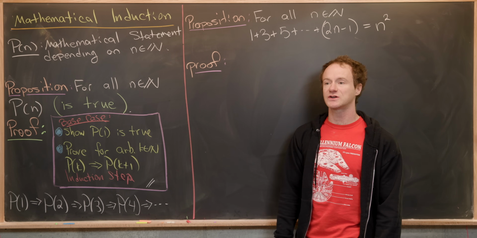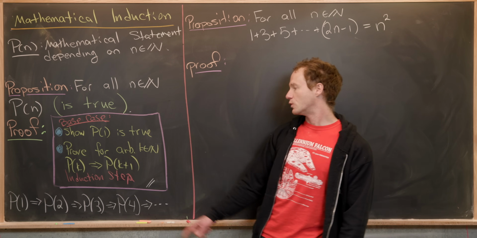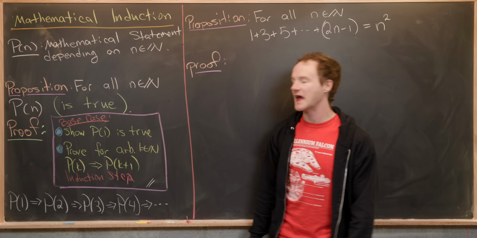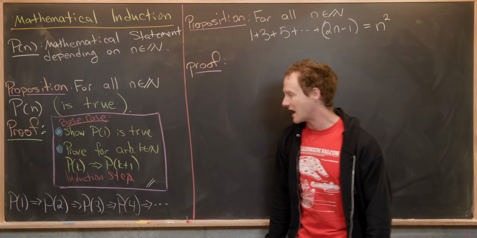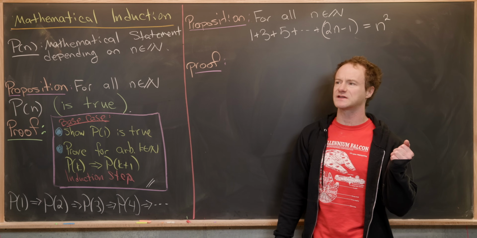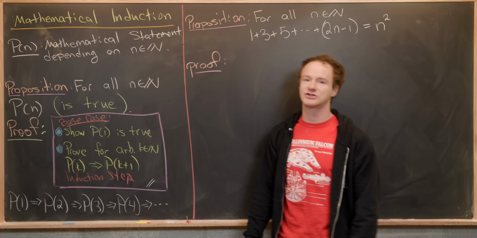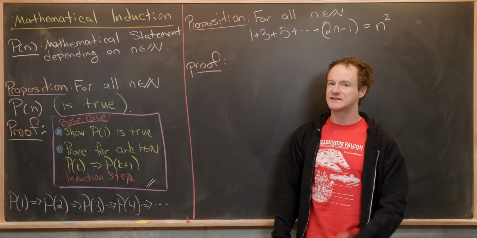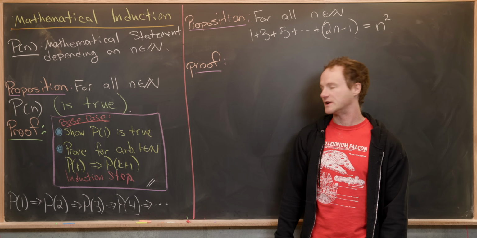Next, you'll prove a certain conditional statement known as the induction step. So you want to prove for some arbitrary k, which is a natural number, that Pk implies Pk plus 1. Sometimes this is broken down into something called the induction hypothesis, where you suppose Pk is true, and then the induction step where you use that to prove that Pk plus 1 is true.